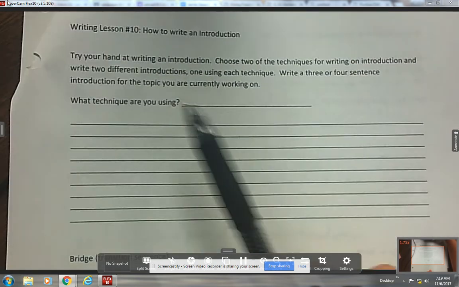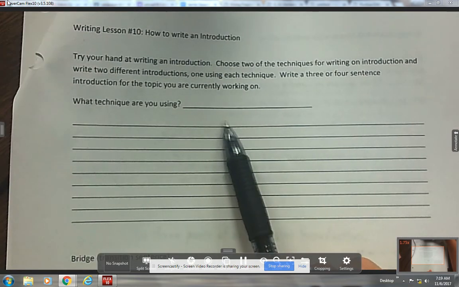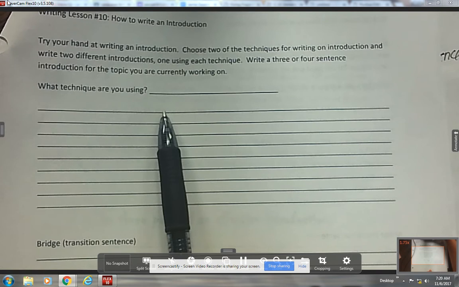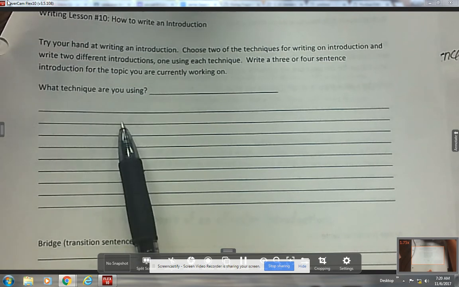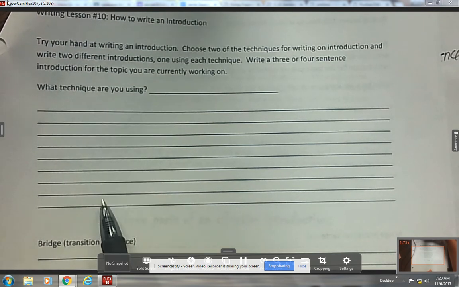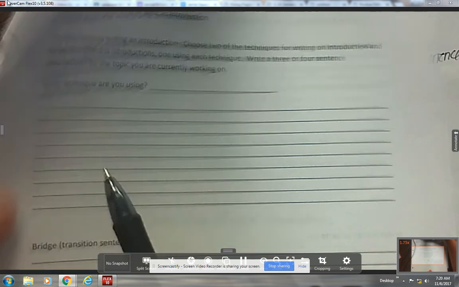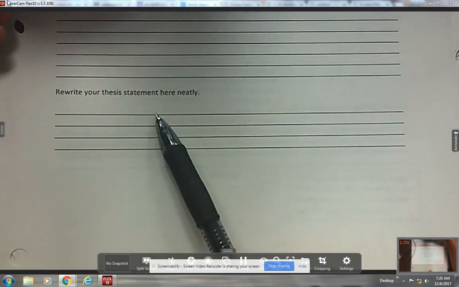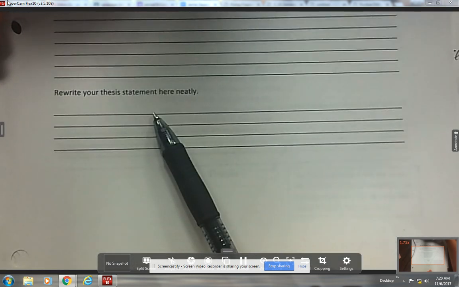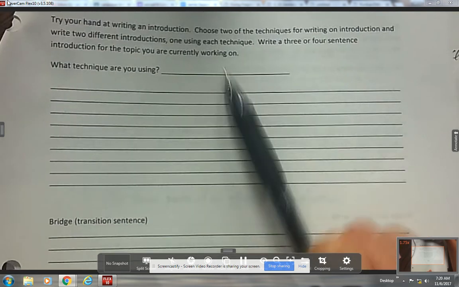A good thing you may want to do is to practice a couple times. And we can do this during writing time. Practice using a couple of different techniques for an attention getter for your current topic. I would recommend writing down the thesis you've already come up with for your paper, and then go ahead and practice using a specific technique.